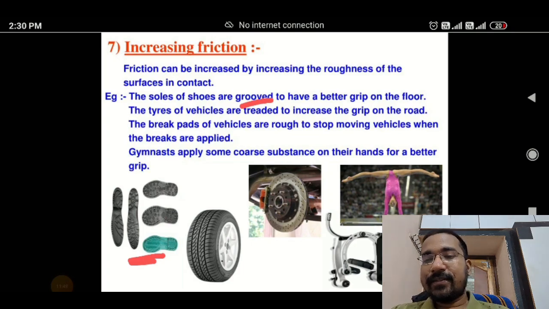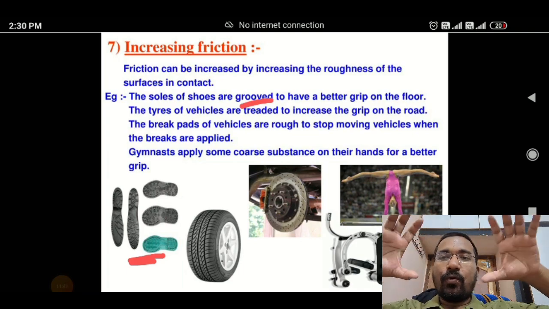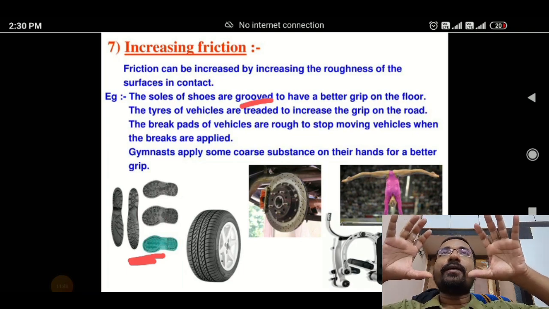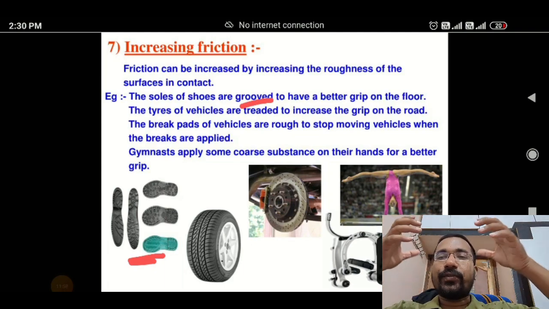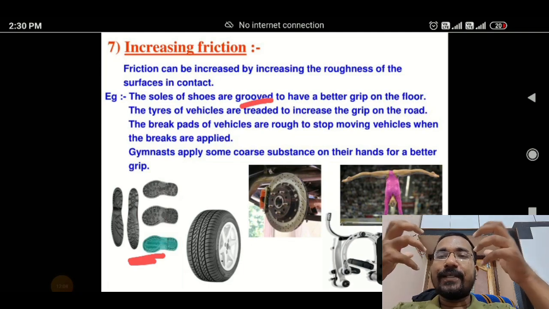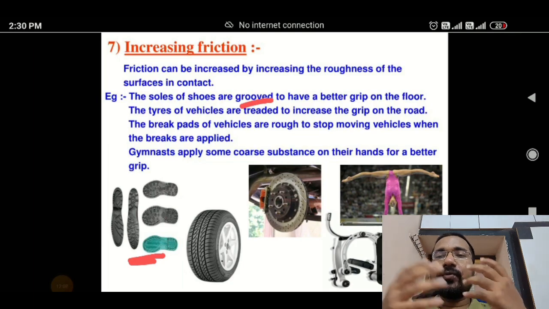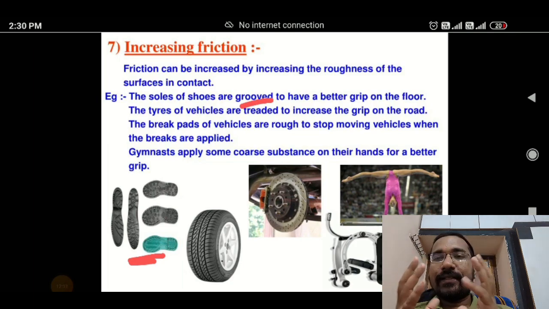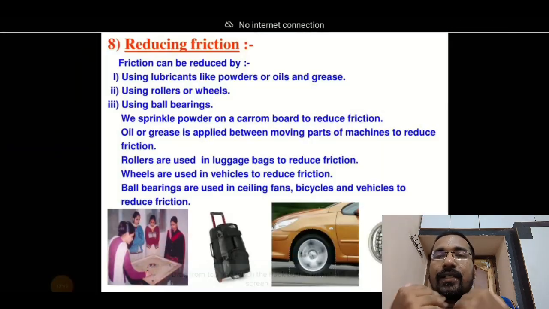For gymnastics there is holding. If you hold, gravitation will pull, but if we increase the friction, the frictional force will be greater, then we will not fall. So how to increase friction? We apply some powder. There is a specific powder, not the powder we use on our face.